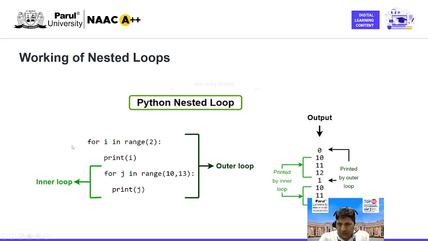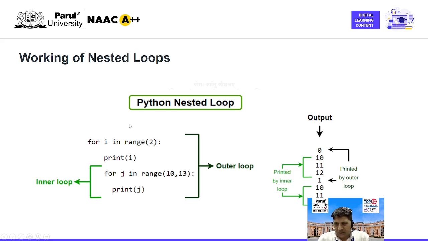First the outer loop executes and then the execution pointer enters the inner loop. The inner loop completely executes, and after that the value of the outer loop is updated. Again it enters the inner loop and executes completely, and again the outer loop value is updated, and the same phenomenon takes place until the outer loop executes completely.